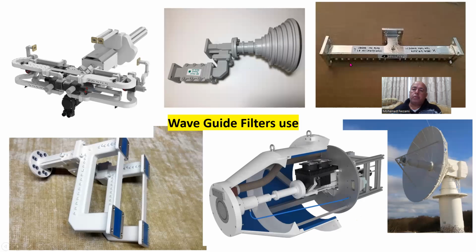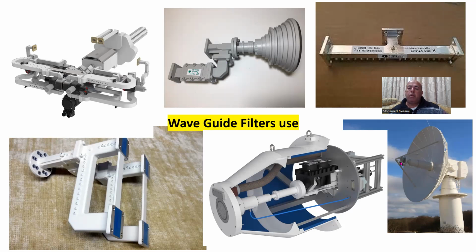Now, these filters can be anywhere from a transmit reject filter on the LNB branch of the OMT, like in this case. You see here there is a band reject filter, which basically rejects the transmitted signal leakage from this path so that it doesn't leak into the LNB.